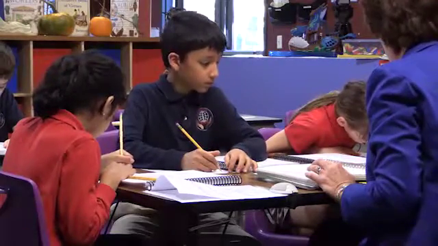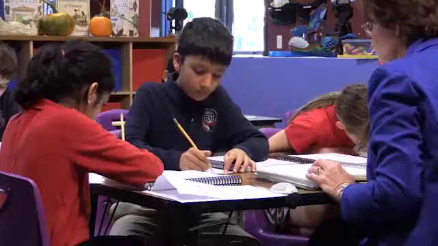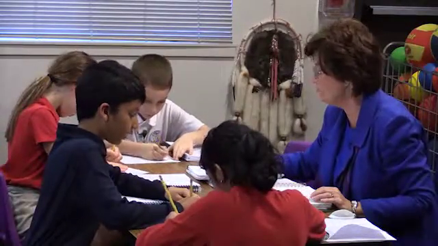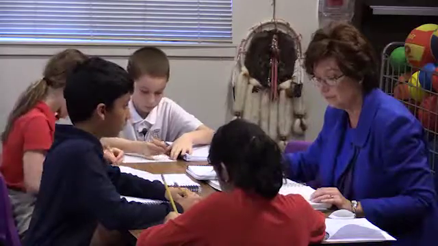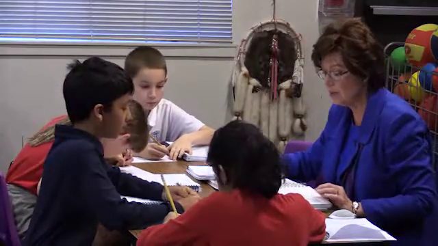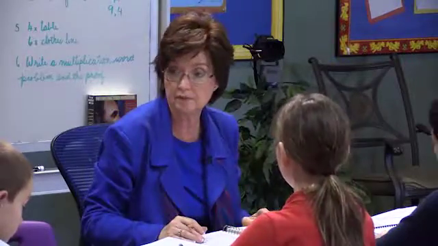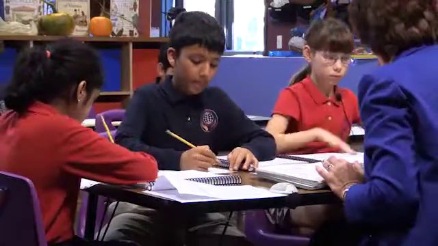And if 500 is the all, what's the 4? The divisor. But what is it telling us? The number into which I divide the all. But is it the number of piles, or is it the number in each pile? The number in each pile.